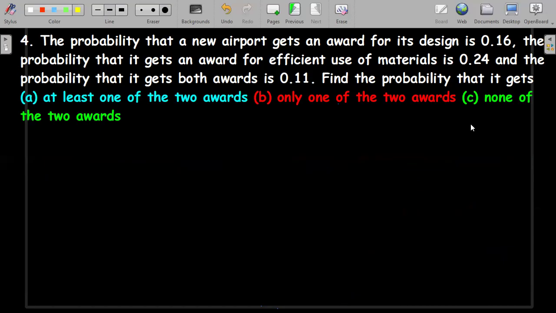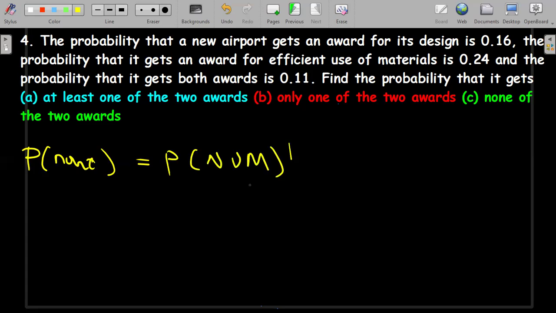None of the two awards simply means we are finding the probability of the complement of the union of these two sets. So we are going to say the probability that none of the awards is equal to the probability of N union M, and then complement. Because it's none, so neither of them.